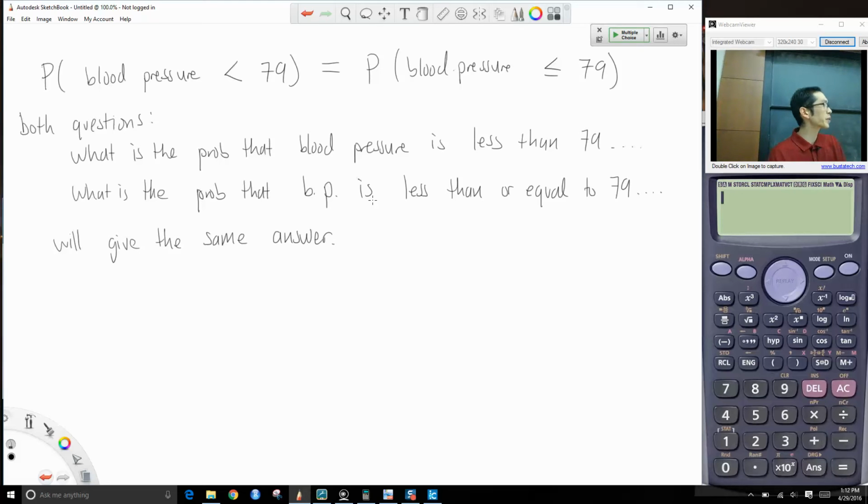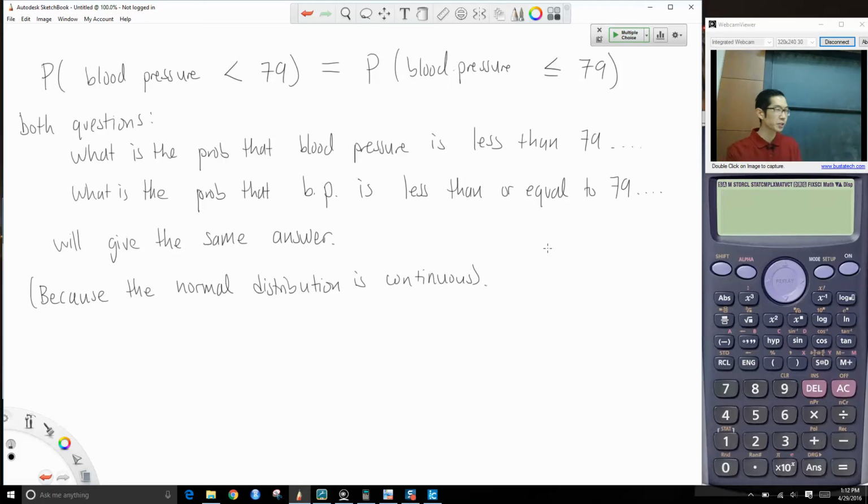And that's because the normal distribution is continuous. For discrete distributions, the answers will be different.